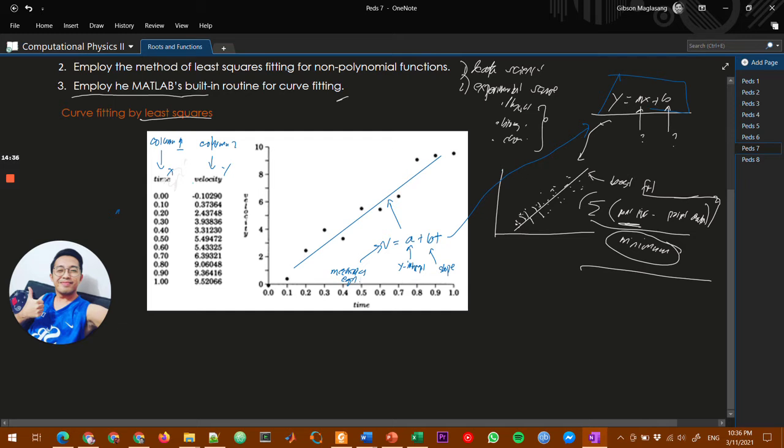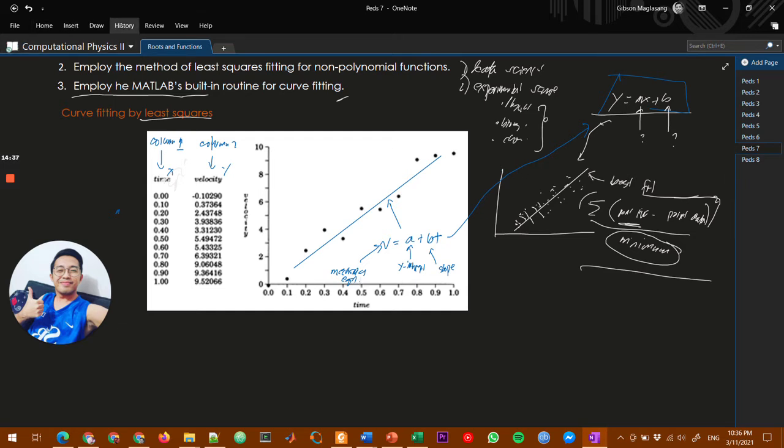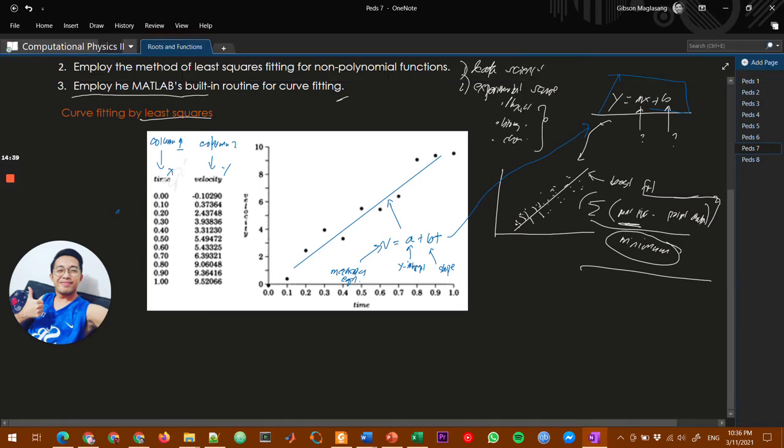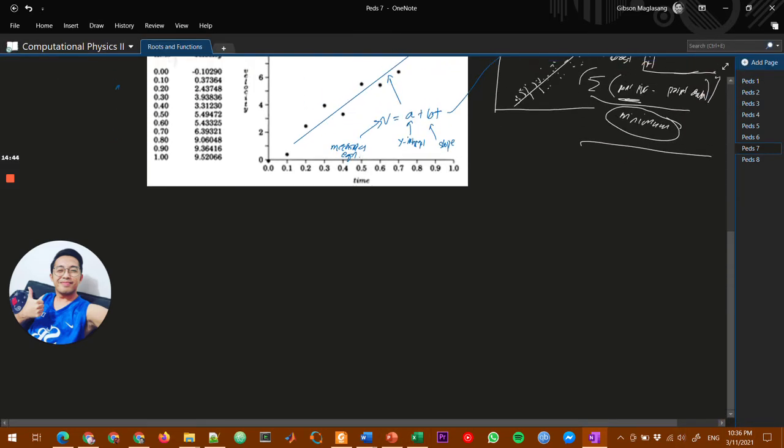So how do we do that? Well, we'll have to do this in a mathematical sense. Let's say the method of least squares, the sum of error, is given by this.